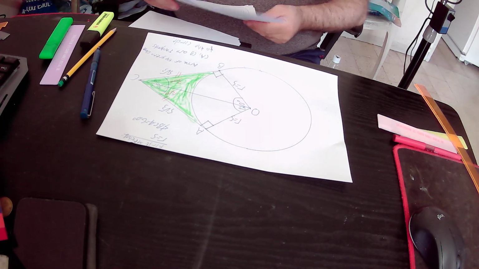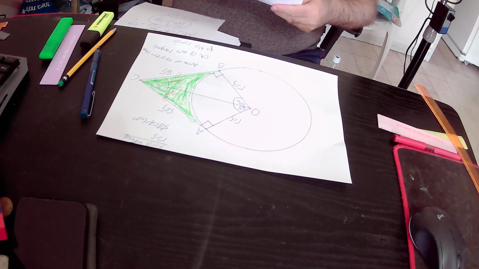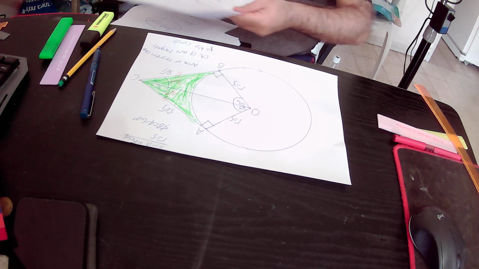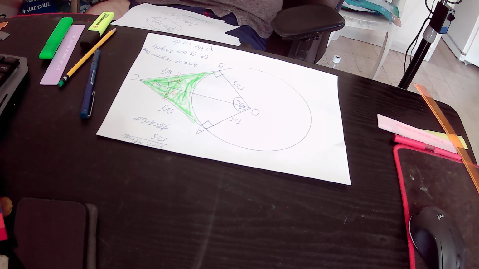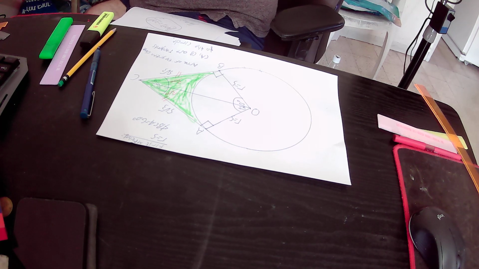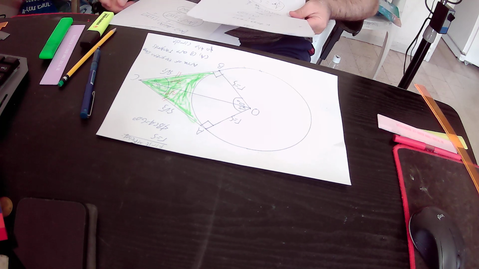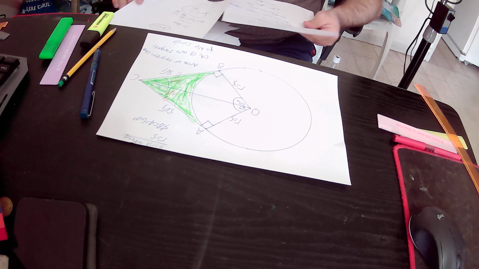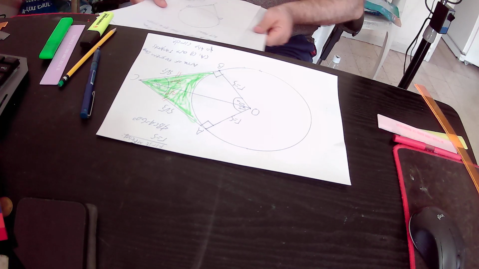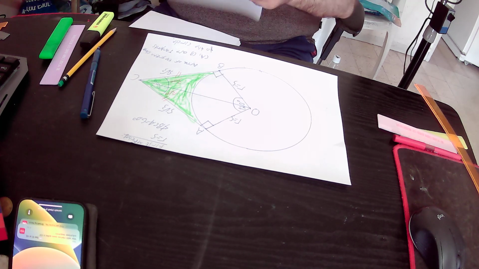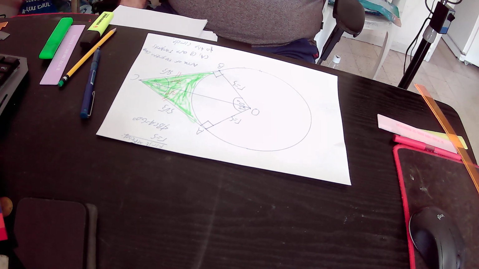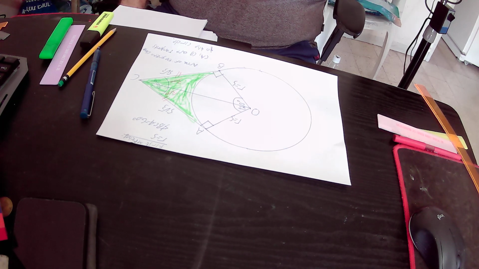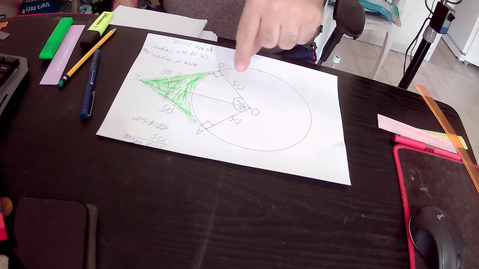In the first method, according to the first method, the area of the green shape equals the area of quadrilateral ABCO minus the area of sector ABO.